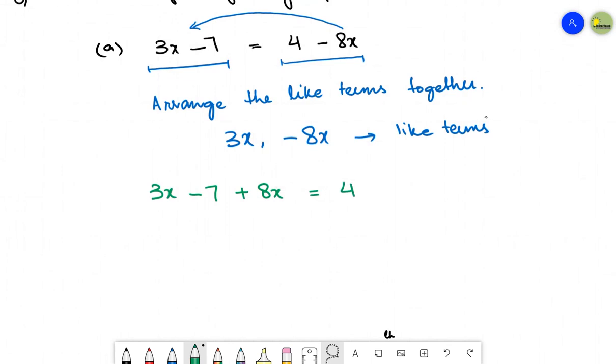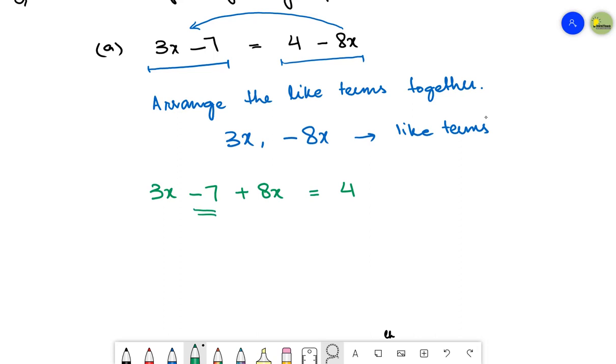4. On the right hand side, you are only going to have 4 now. Why? Because you have shifted minus 8x to the left hand side of the equation so that you can solve 3x and 8x together. Similarly, on the left hand side, minus 7 is a constant value.